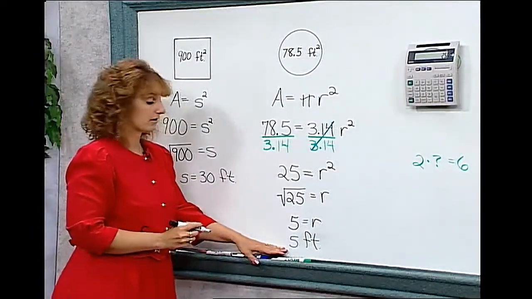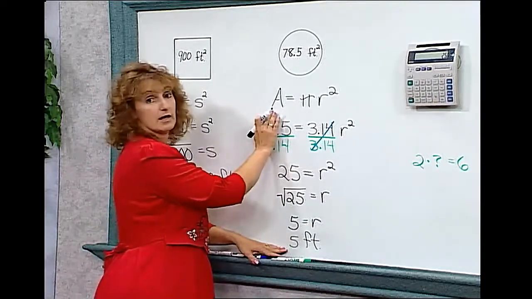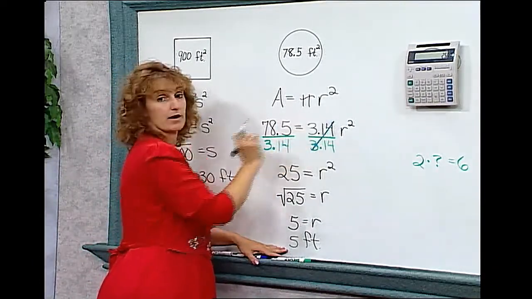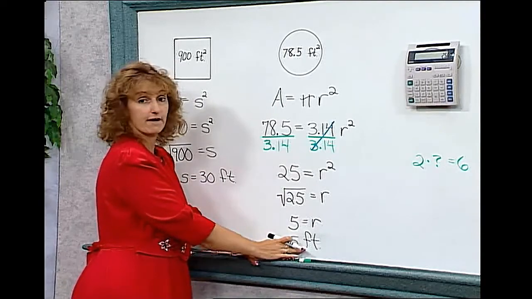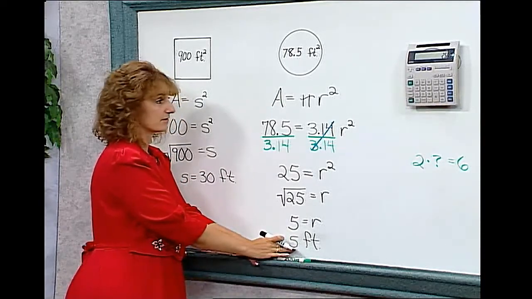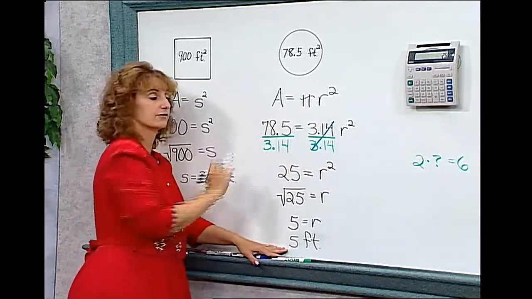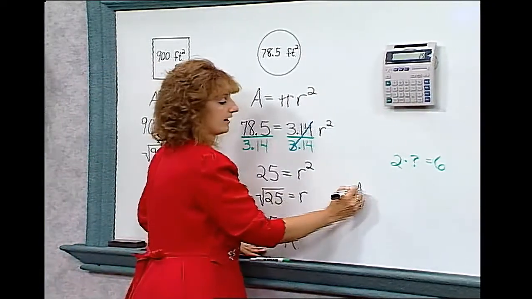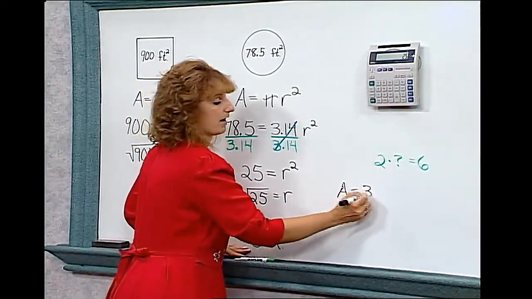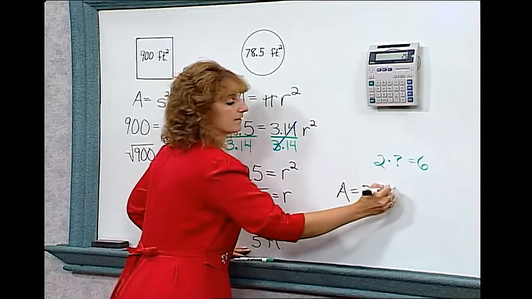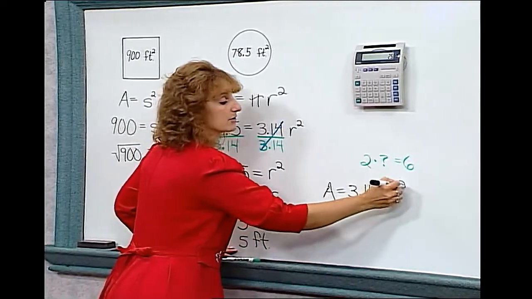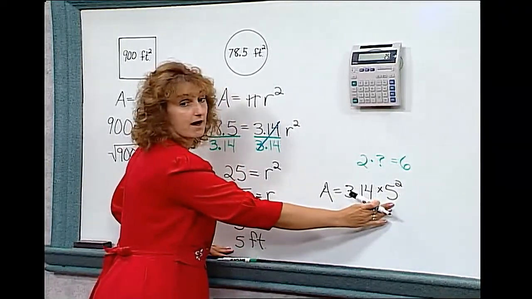Now to check our work, remember that our formula was pi times r squared. R is now 5 feet. So I'm going to take this number and put it back into the formula. Area equals pi, which is 3.14, times r squared. And our r is now 5.